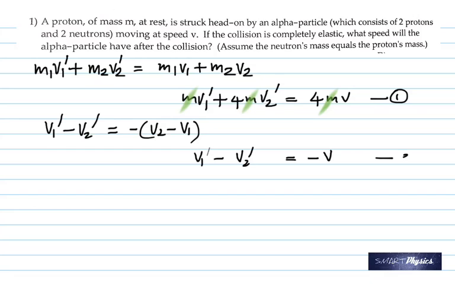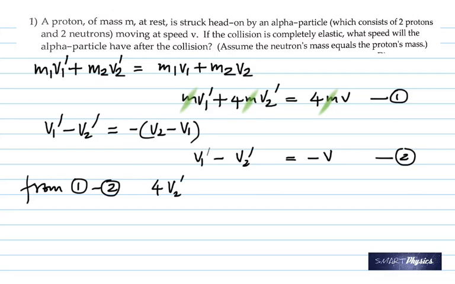When you distribute the negative sign, you get v1 prime minus v2 prime is equal to negative v. And that's because v1 is 0. The proton is not moving, so this quantity is 0. And this is given as v. So that is why you have that.